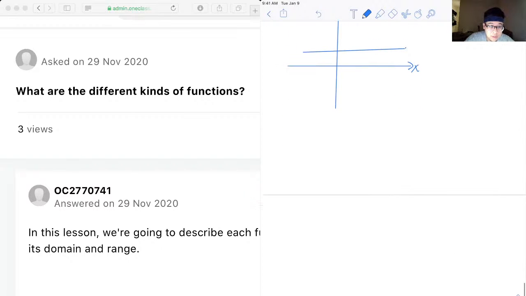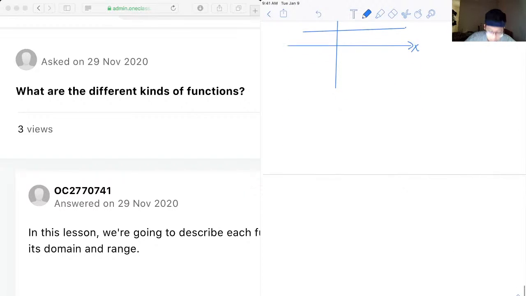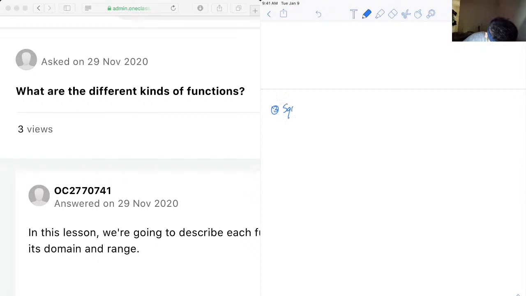And next we have the square function, which is denoted by f(x) = x squared.